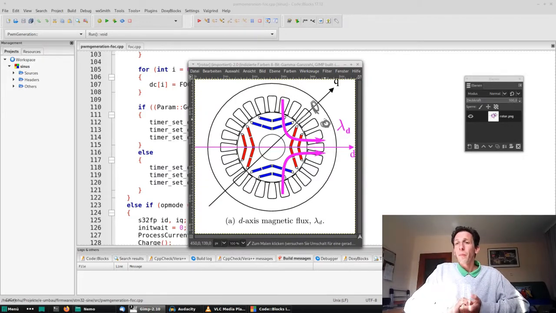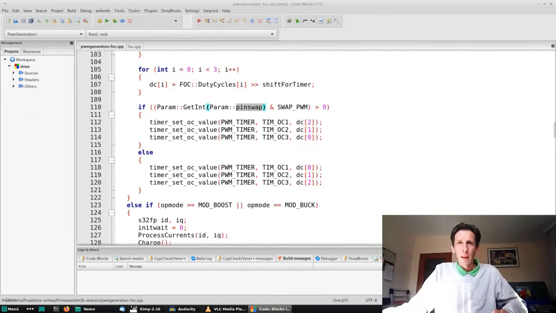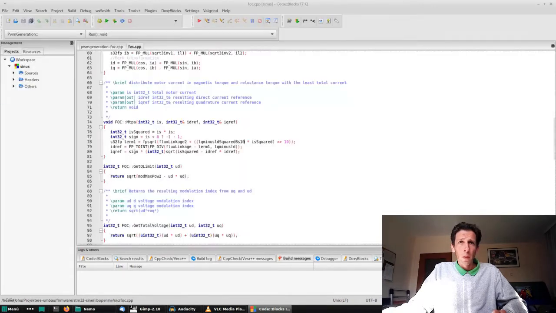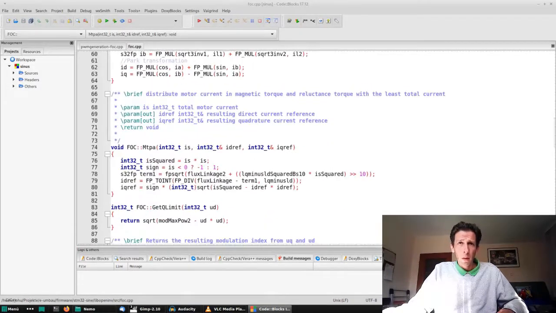And there is an optimum, like which torque component gives you the most total torque per current that you put into the stator. And to calculate that, there is the maximum torque per amp method. And I've stolen that from, I think, a TI paper. So that's what I want to look at.